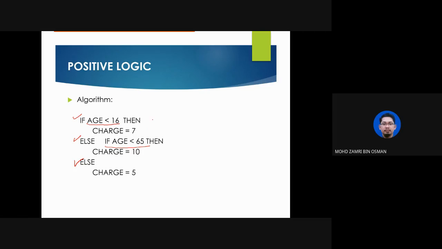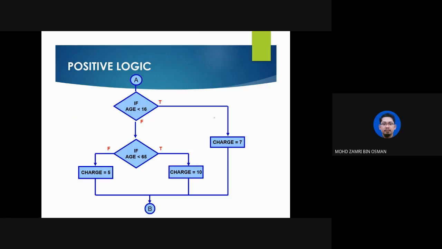If this one is false and only this one is true, then it will execute the chess equal to 5. If we look at this diagram, you will see the true condition is on the right side of the flowchart. It will go like this, and then go directly to this one. So this is what we call a positive logic.